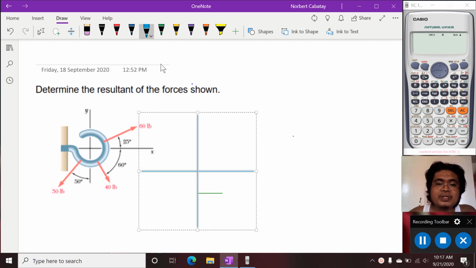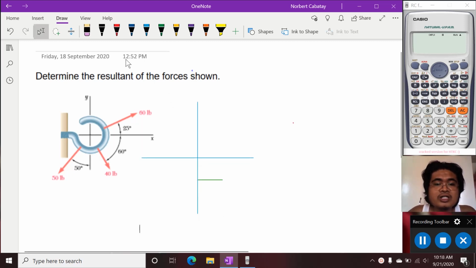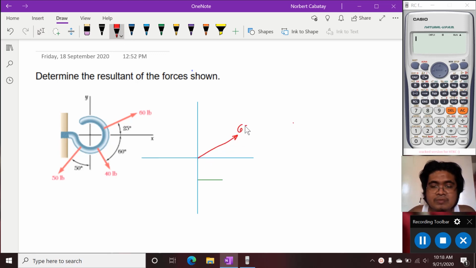Then our forces: we have 60 pounds here, with positive X and positive Y, and the angle measured 25 degrees counterclockwise. Then a force of 40 pounds, with the angle measured from the positive x-axis clockwise, which is 60 degrees.